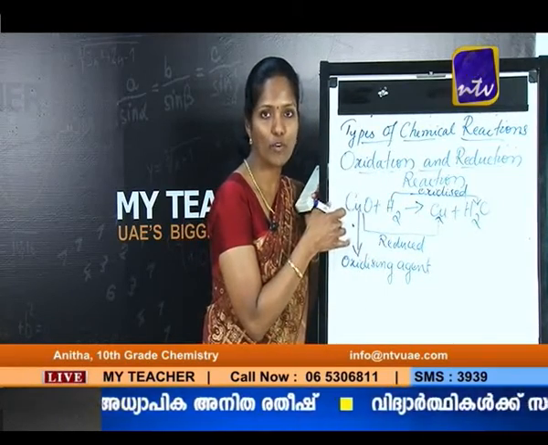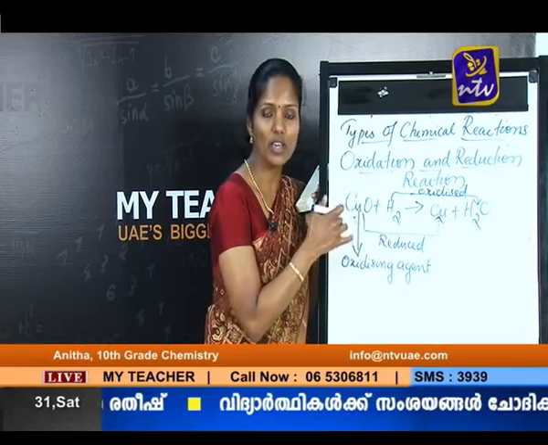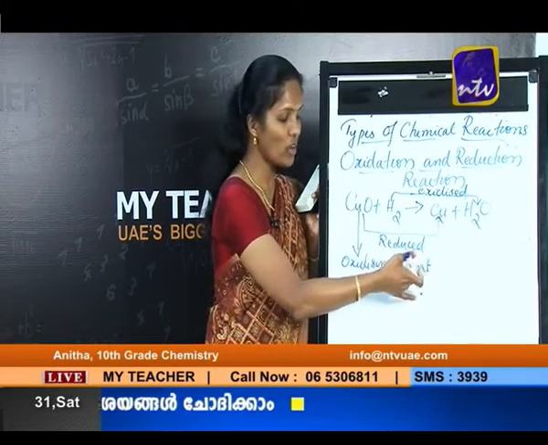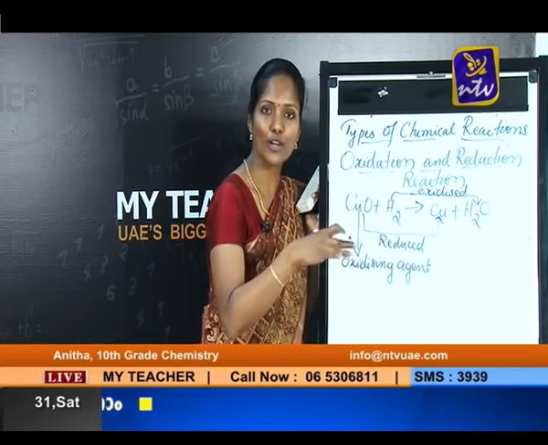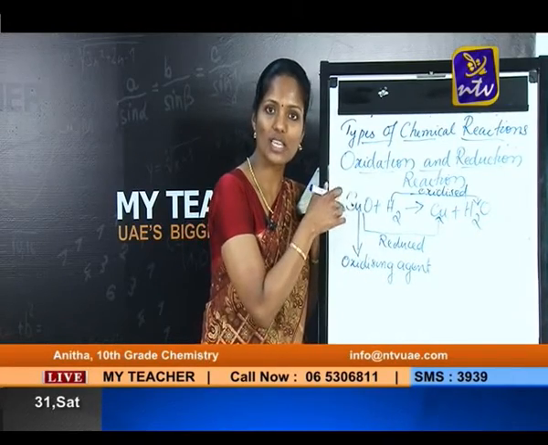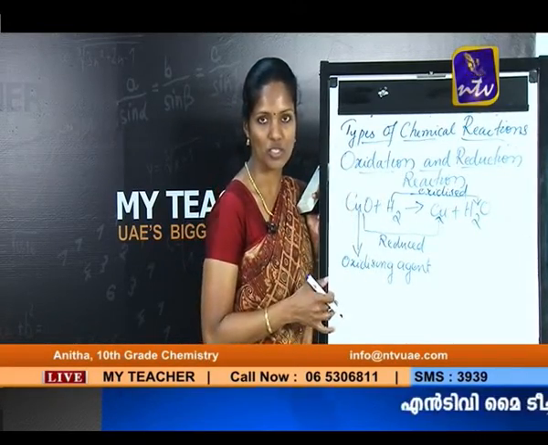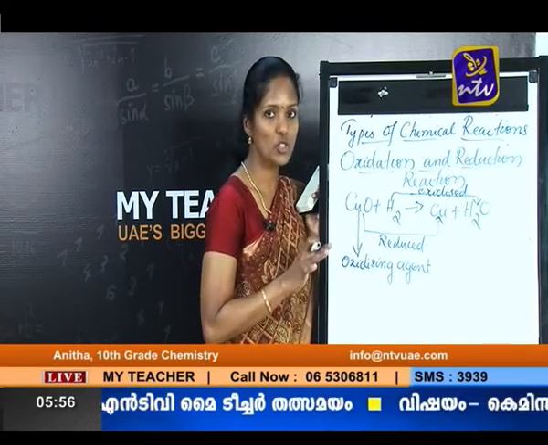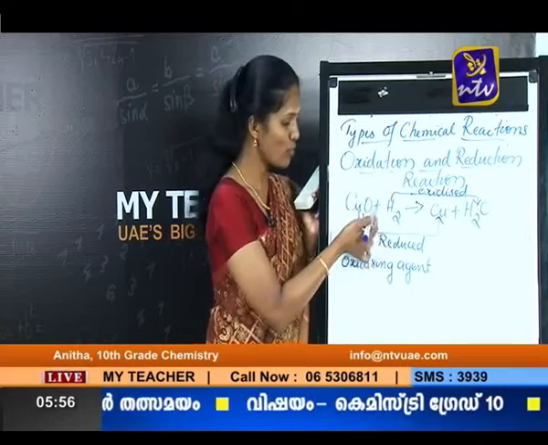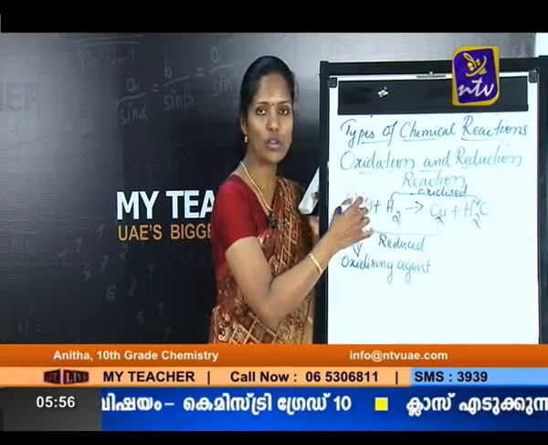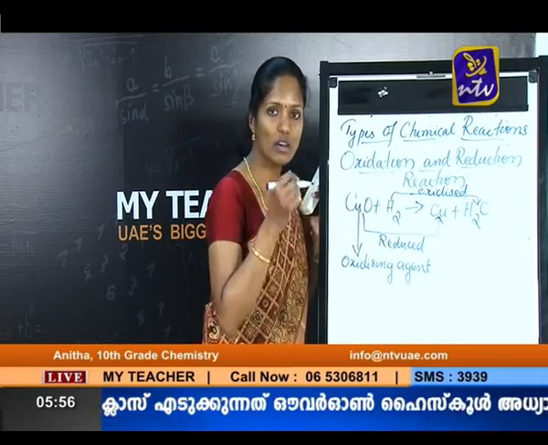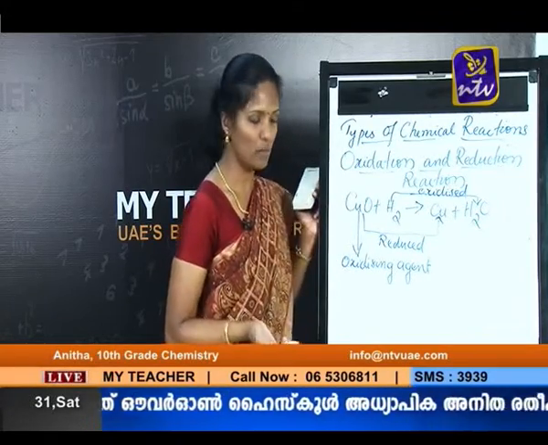So, it is helping the oxidation, and that is why it is called an oxidizing agent. Normally, an oxidizing agent is getting reduced because oxygen is removed from that particular substance. When oxygen is removed, that reaction is called reduction. So, from CuO, oxygen is removed, and we say CuO is getting reduced or reduction has taken place.